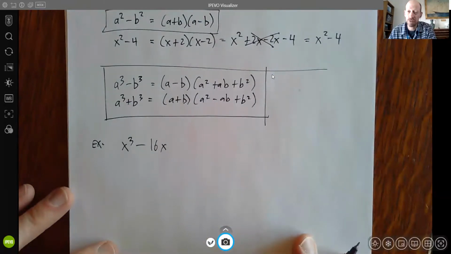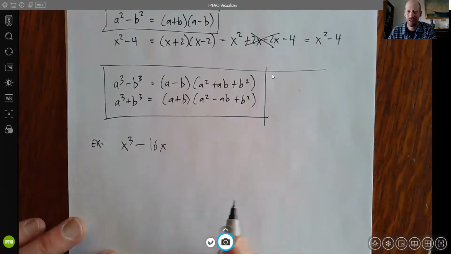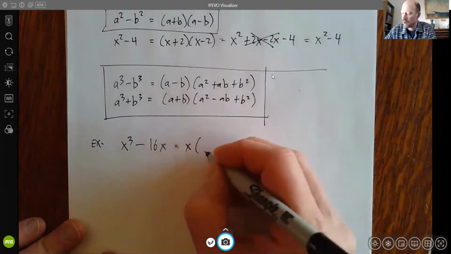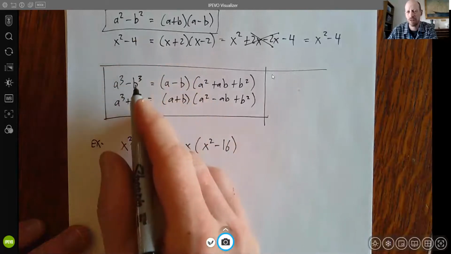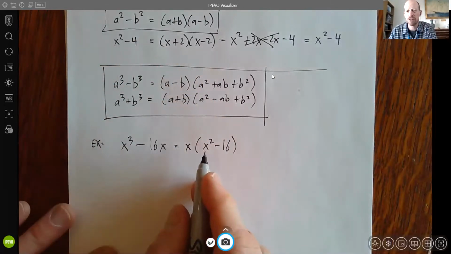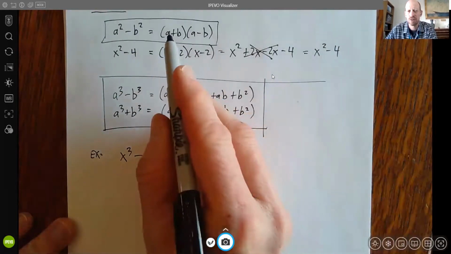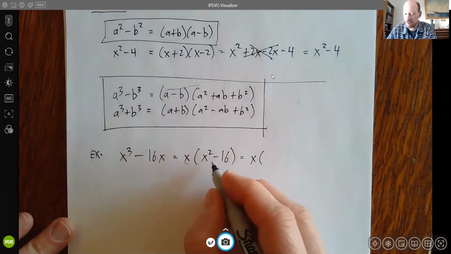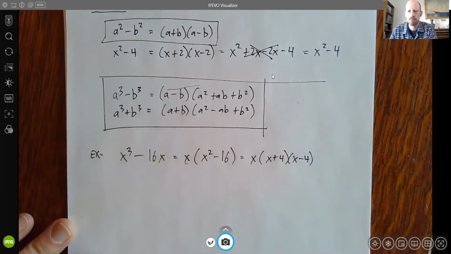But you should also notice, if we were in class, someone would say it, but it's harder online, that there's a GCF here. There's an x. We always want to pull that GCF out first. If you don't pull that GCF out, it doesn't really fit any of the forms. But once you pull the x out, you can see this is x squared minus 16. This is still that difference of squares from above. So that's going to be this x, and then x plus 4 and x minus 4.